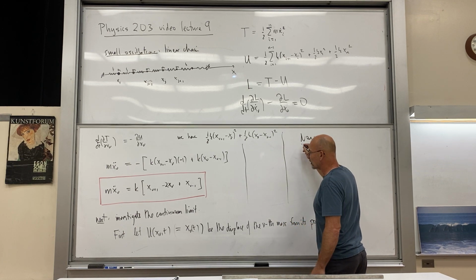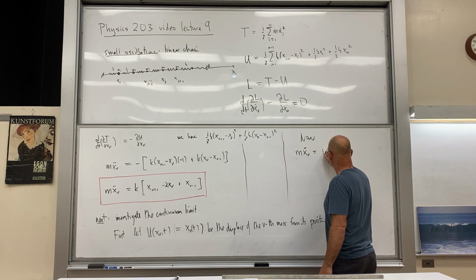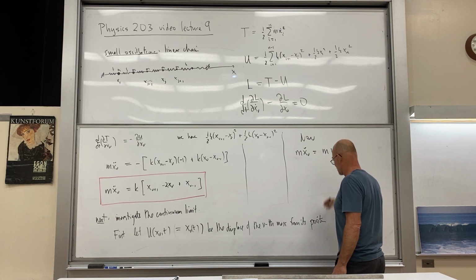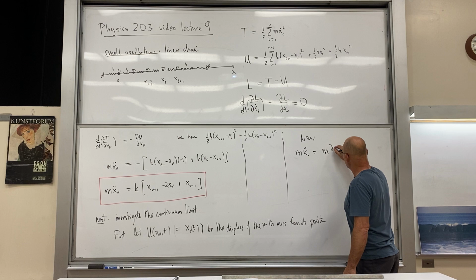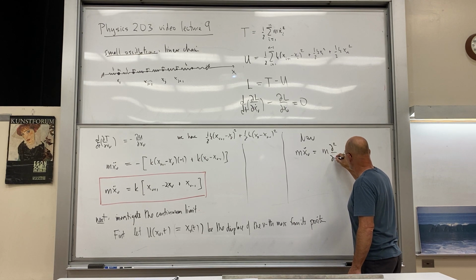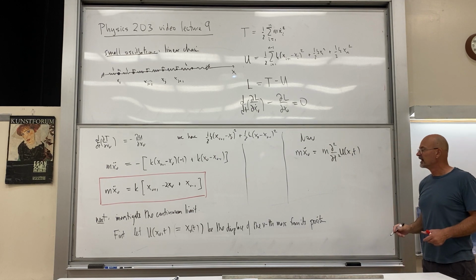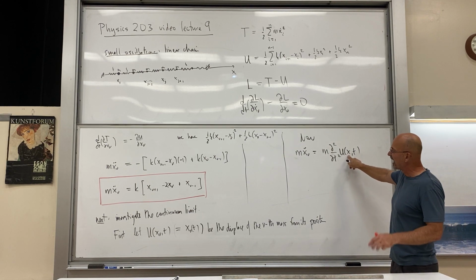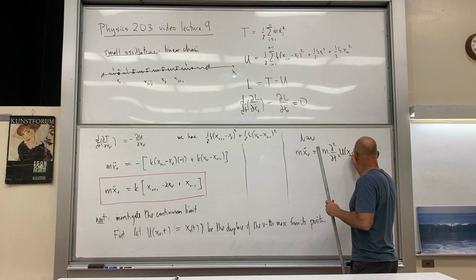Now we can interpret m x nu second derivative as m times the second partial derivative with respect to time of u of x and t. Because you're at a position x, and I'll leave the subscript in here for now, we'll get rid of it later.